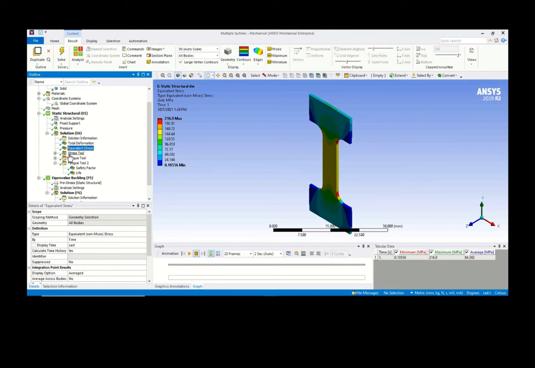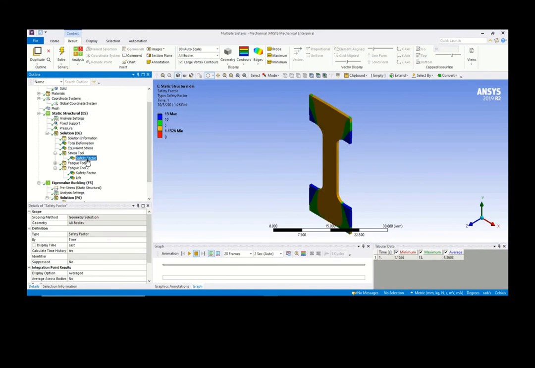Of course, we can do a manual comparison, but this analysis has a stress tool to help you define the factor of safety, so the distribution of the factor of safety. It tells you the minimum factor of safety is 1.15, which is above 1.